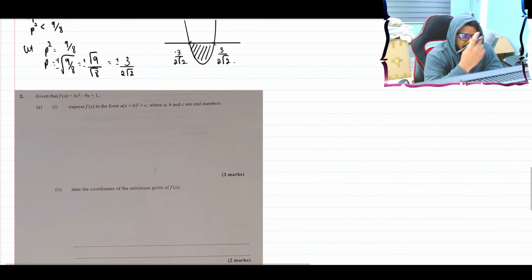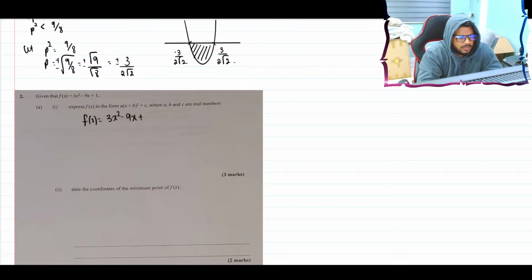All right, this is an easy completion of the square question. We have f of x is 3x squared minus 9x plus 1. There are plenty of ways to complete the square. The particular way I complete the square, we can do it in one line, right? So hopefully all of you remember what the answer was.